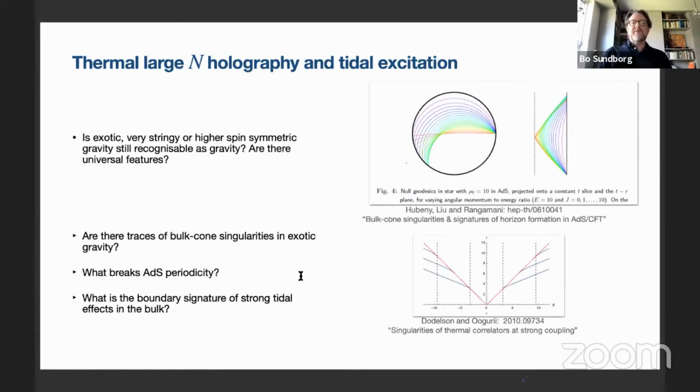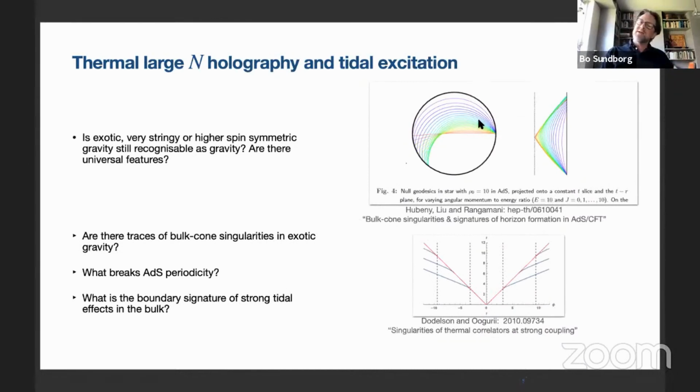You could ask if this can be reflected. Can we see this in a fundamental model in these very exotic versions of gravity? That would be the ultimate test of seeing compact objects. Dodelson and Iossa are able to connect this story to tidal excitations.